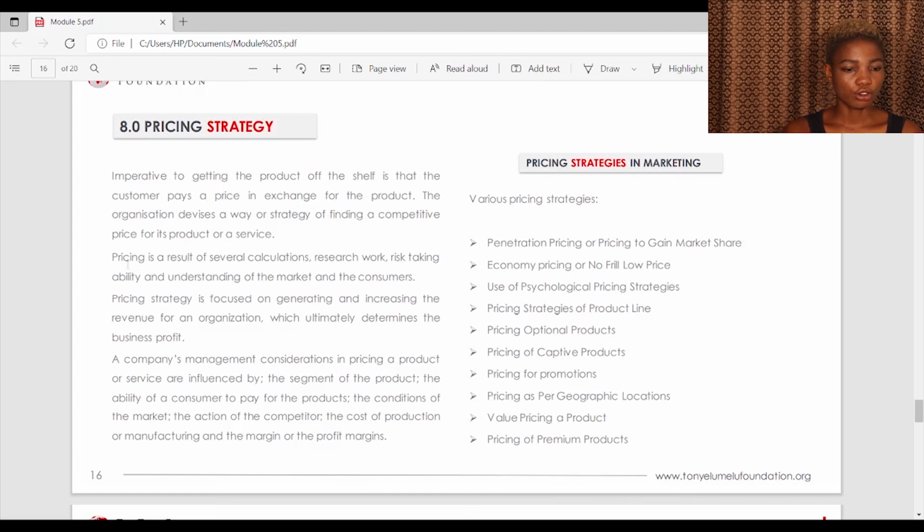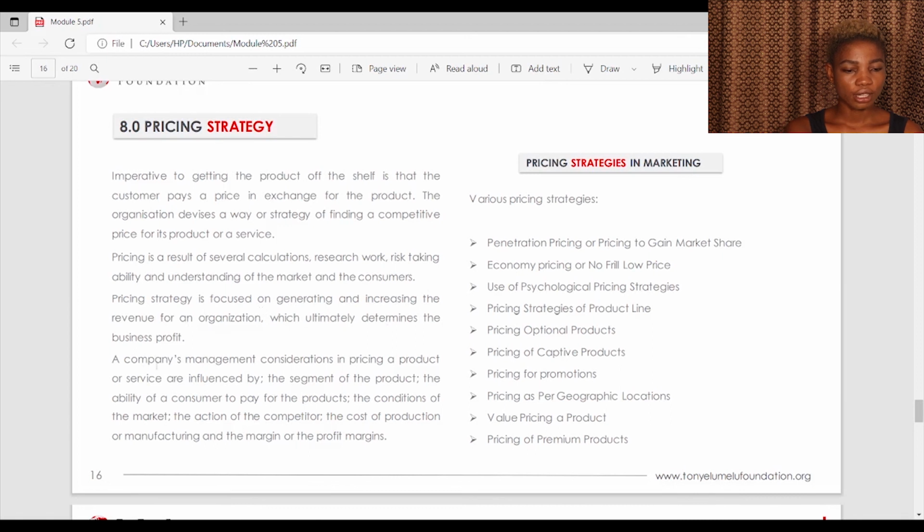Pricing is a result of several calculations, research work, risk-taking ability, and understanding of the market and the consumers. Pricing strategy is focused on generating and increasing the revenue of an organization, which ultimately determines the business profit.